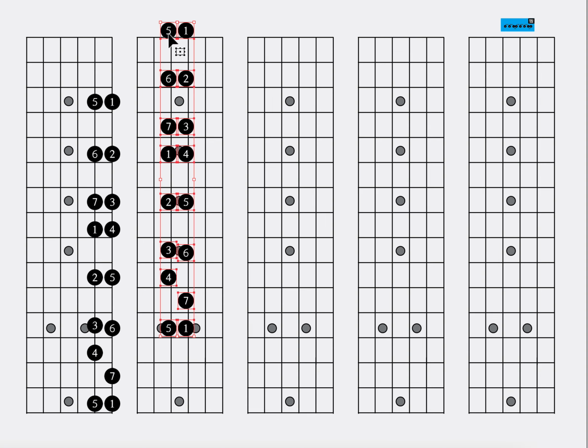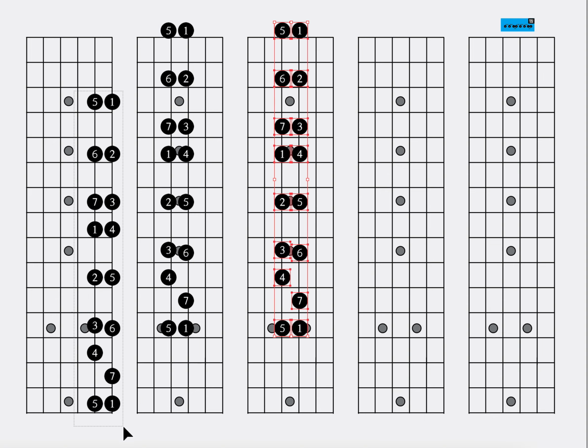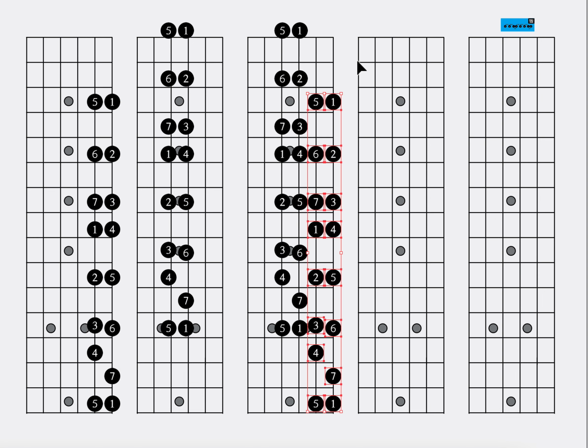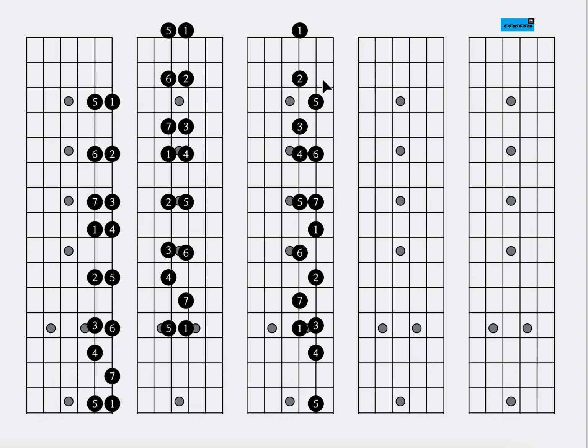If I move this over here and then move this along with it, and then I'm going to remove this and remove this, so that now we're going from G to B. We notice that if we're on our 1 like we are here, the 5 is no longer here, it's here, and the 2, the 6 is here, the 3, the 7 is there.